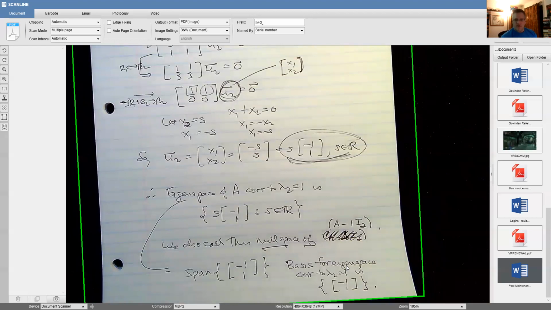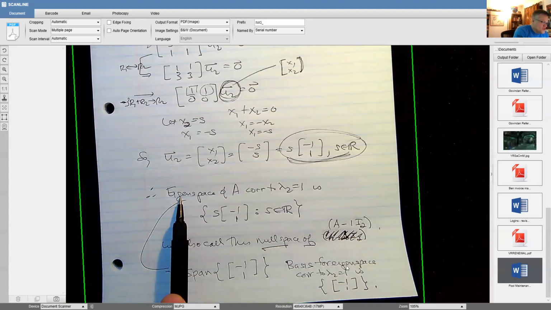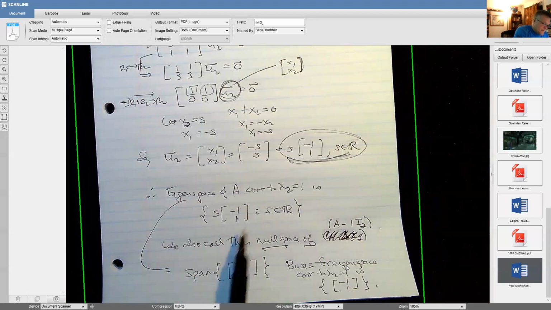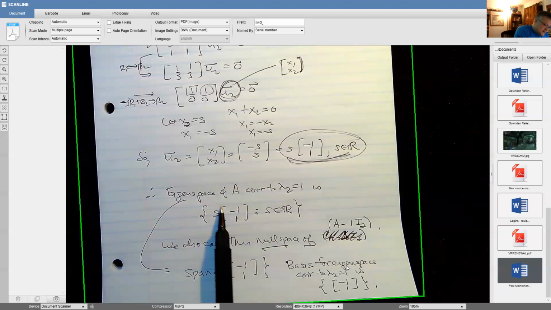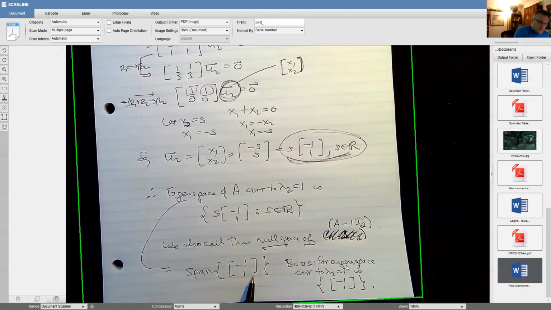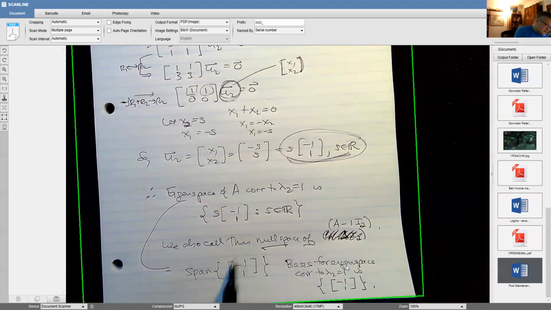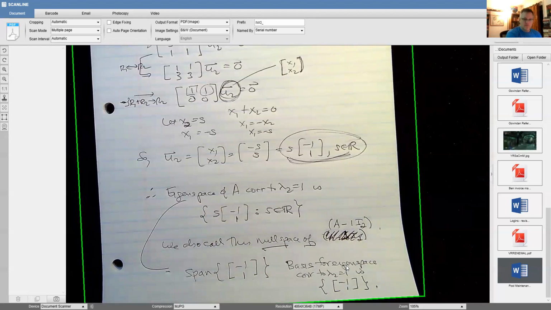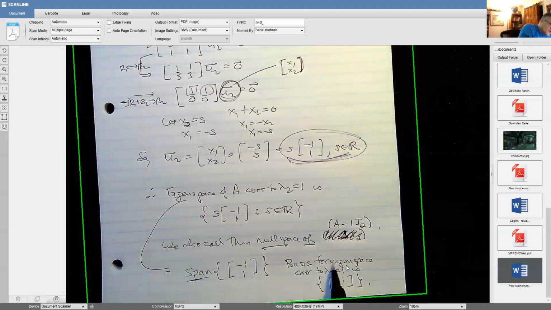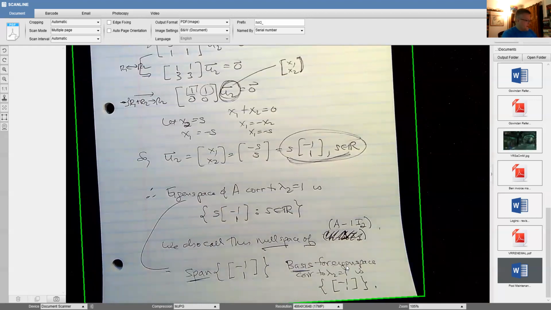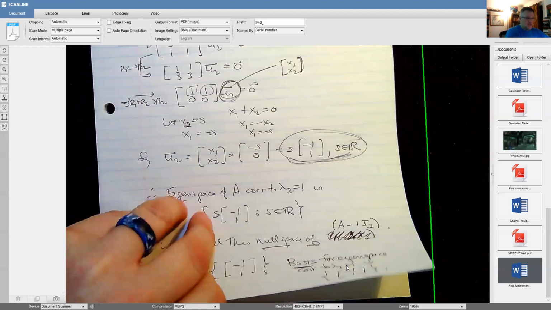Remember, a basis is the specific vectors you need so that when you take the span of those vectors, you generate the space of which it's a basis. And here, the space of which it's a basis is the eigenspace of A. This, by definition, is just the span of that vector. And so that vector itself is a basis for the eigenspace. Bunch of definitions all coming together at one time. Okay, so we'll see more examples of this shortly.